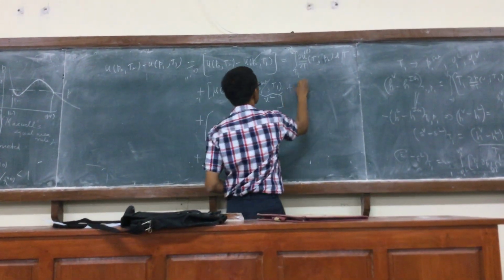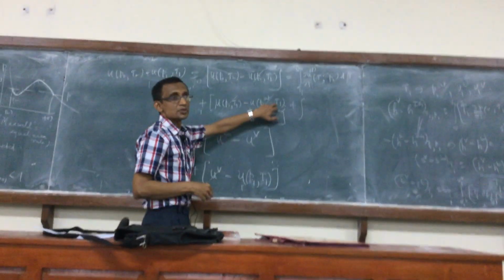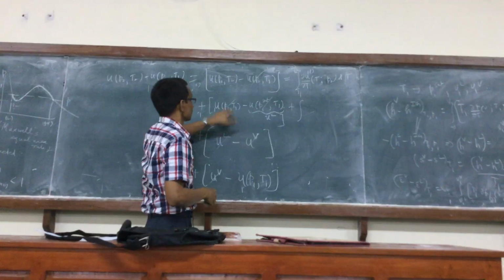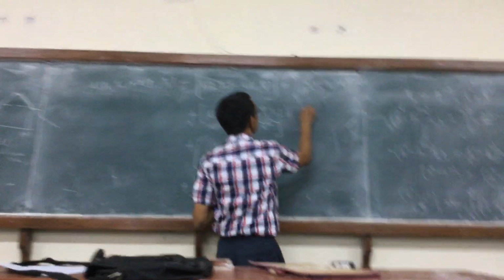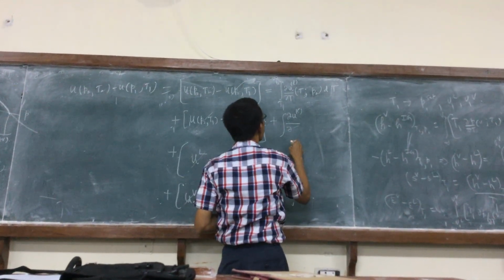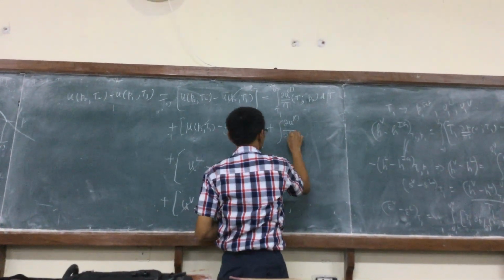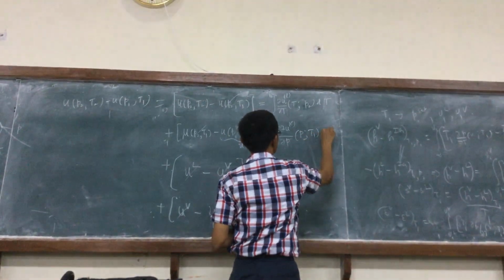Plus, again this is in the liquid phase, but this is now involving a change in pressure at a certain temperature T1. So that should now be dUL by dP at T1 dP.